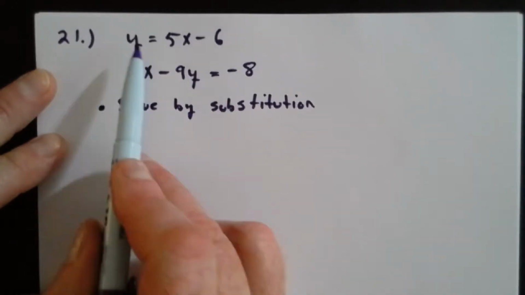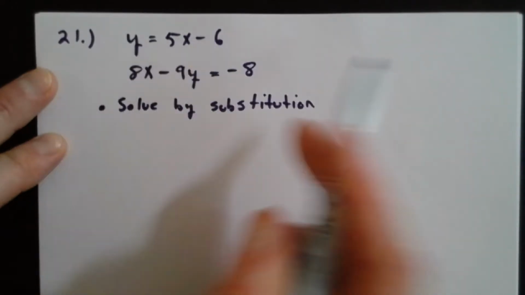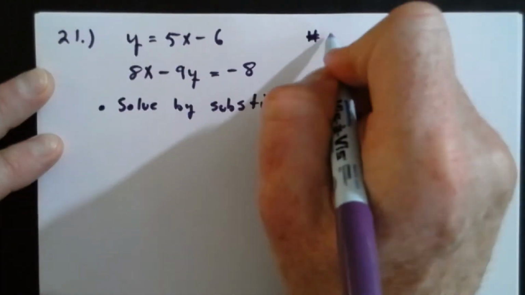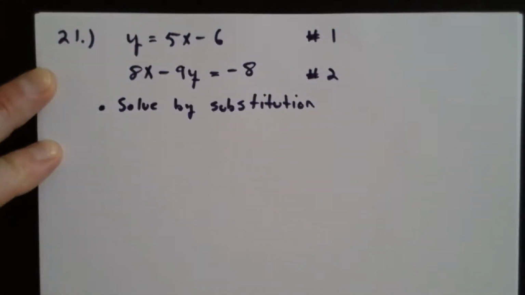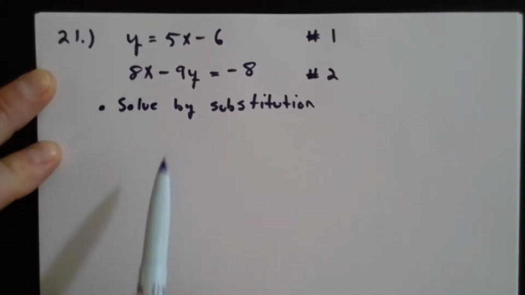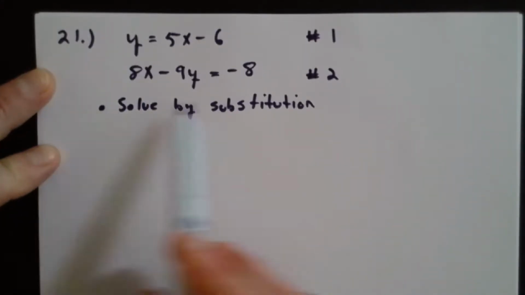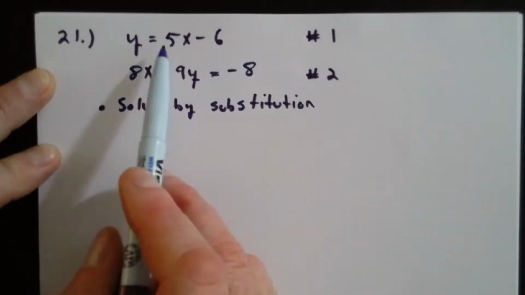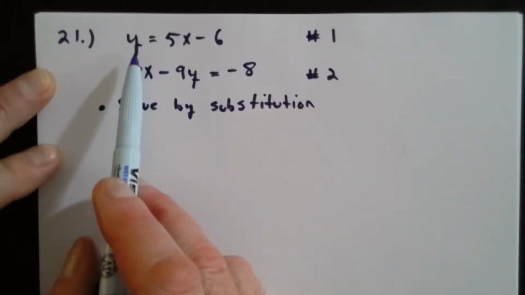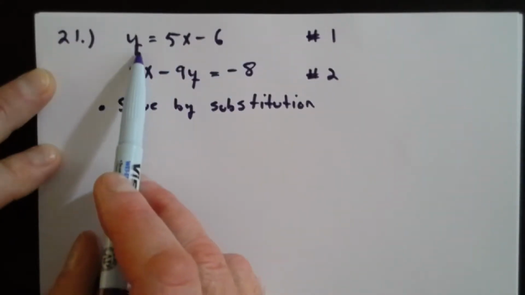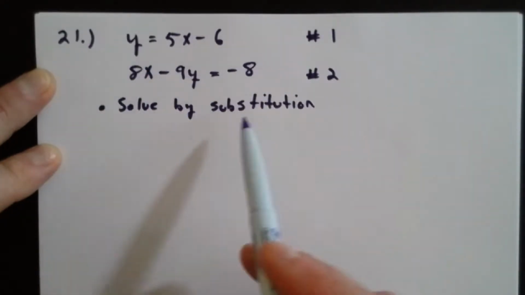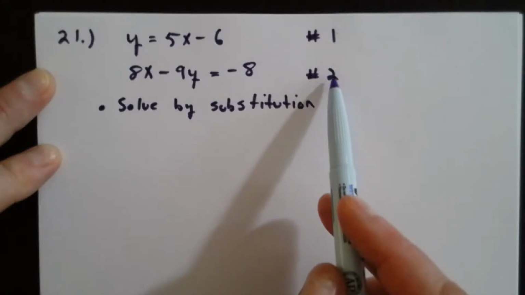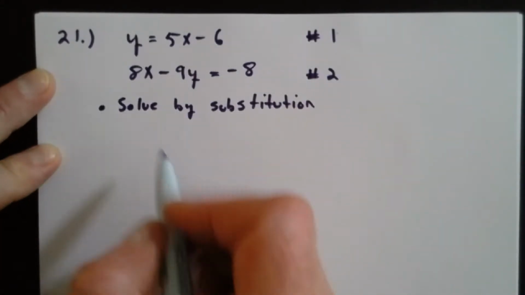We can see that this top equation, always number them, get in the habit of numbering them so that we can just refer to the numbers and not top and bottom equations or some other way of referring to them. So, solve by substitution. We can see that equation number 1 is already solved directly for y. So we can plug or substitute number 1 into number 2. And so that's what we'll do.